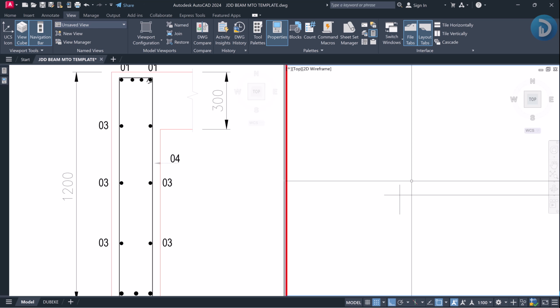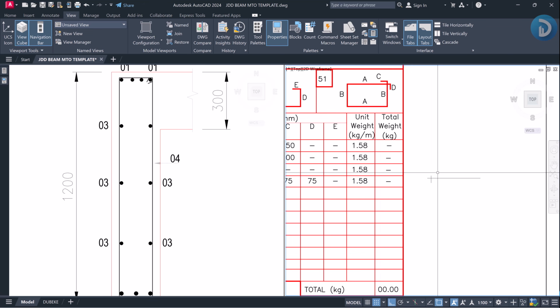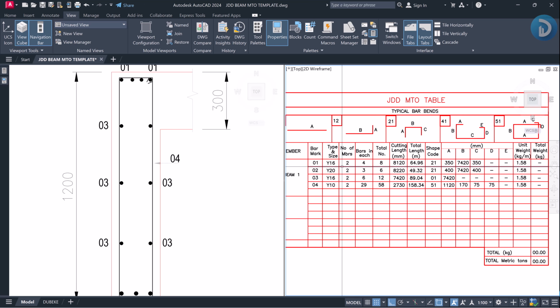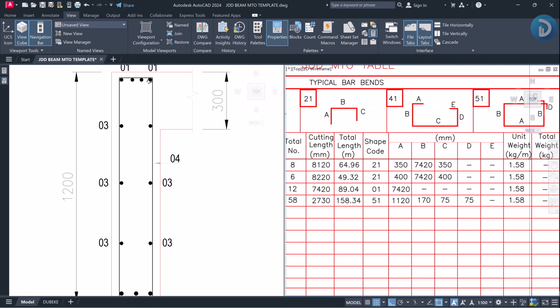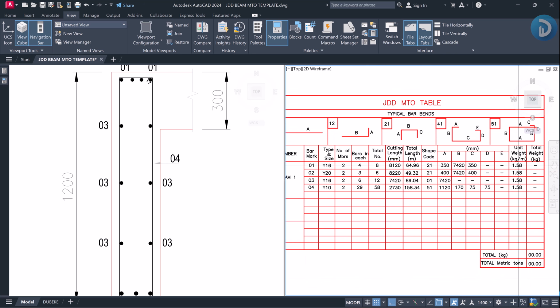So for our diameter 16 reinforcement, which we have on the shape code 21 and the bar mark 01, the specific unit weight, which is universal, is 1.58 kilogram per every 1 meter of the reinforcement.